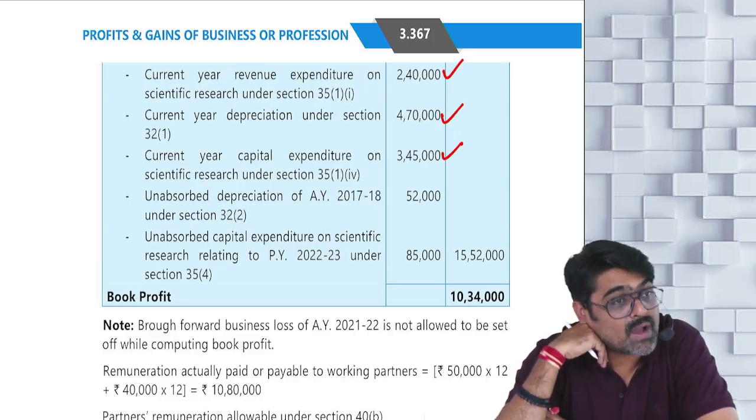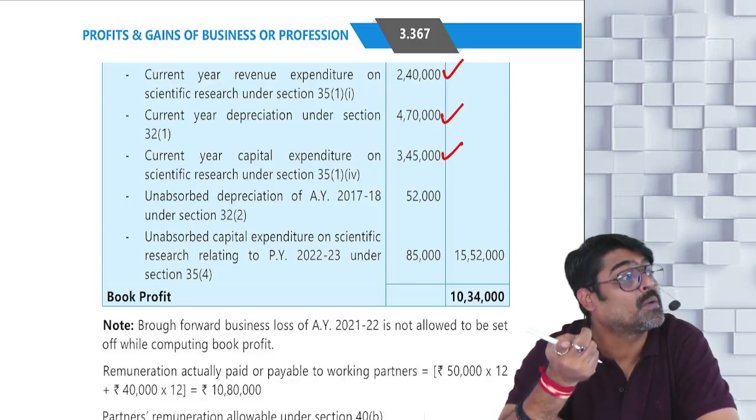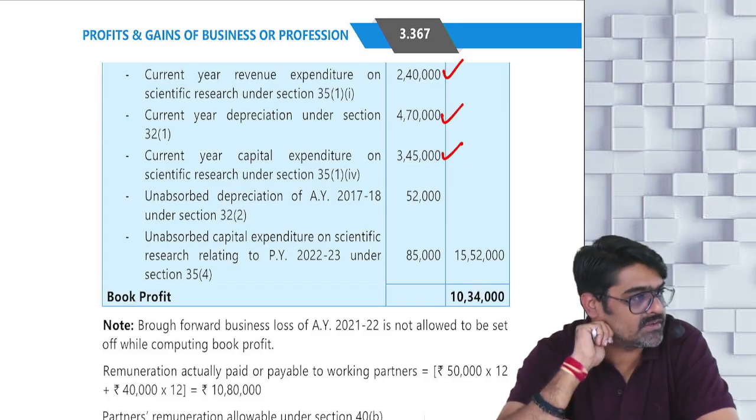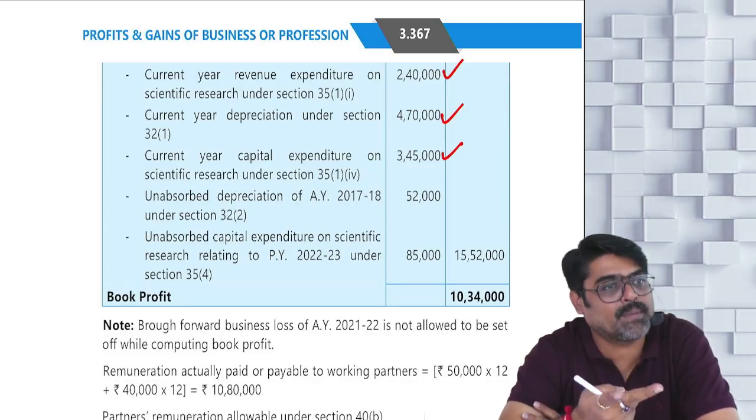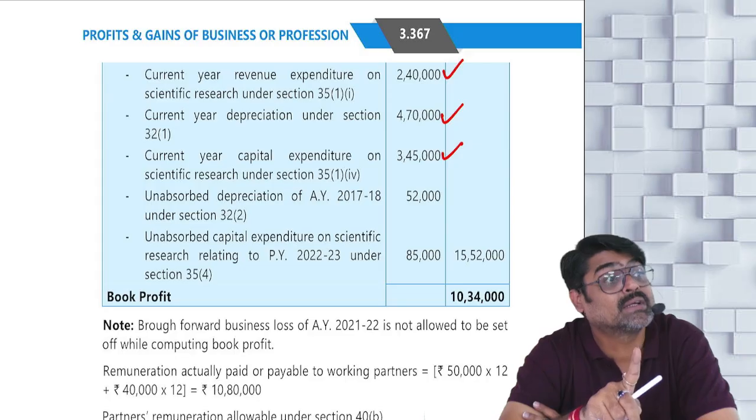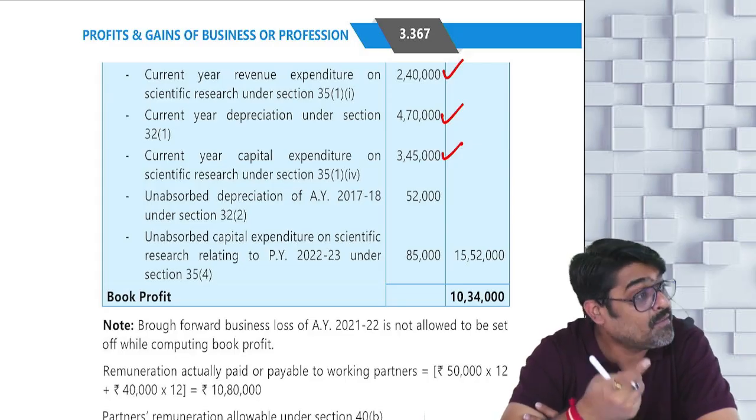Now you can reduce the brought forward unabsorbed depreciation and brought forward unabsorbed capital expenditure on scientific research, because both of them are allowed as per section 32 and 35.